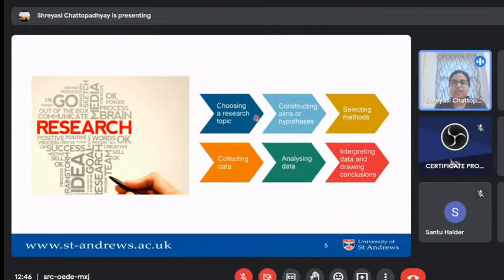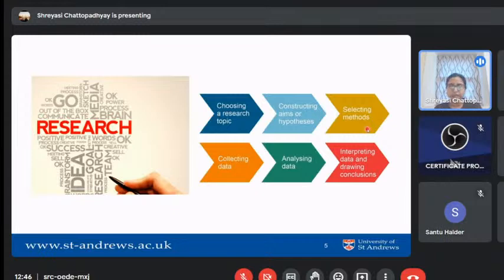And then we do some literature survey to fix our aim or hypothesis, and to know what is the current status of that particular research topic. And depending on that, we try to select some methods.